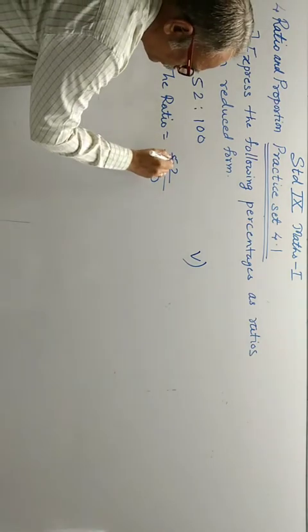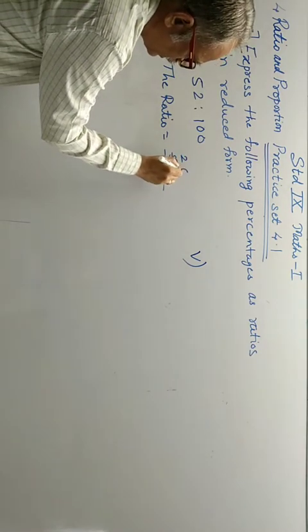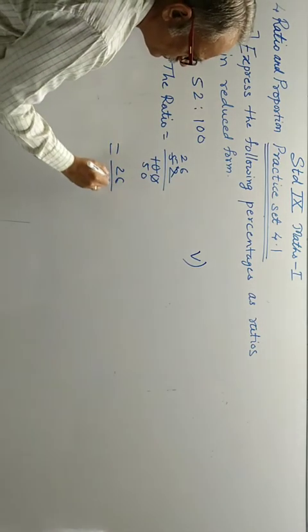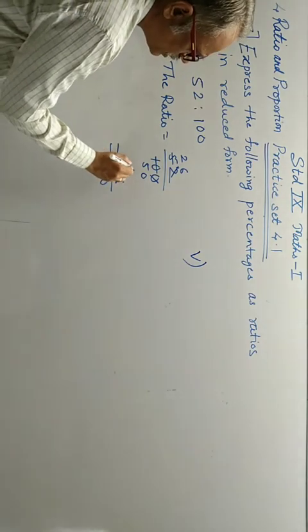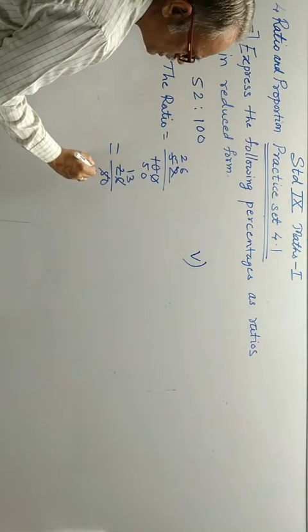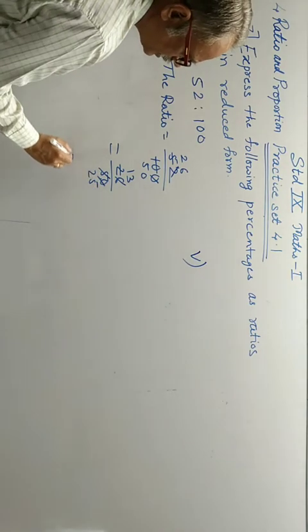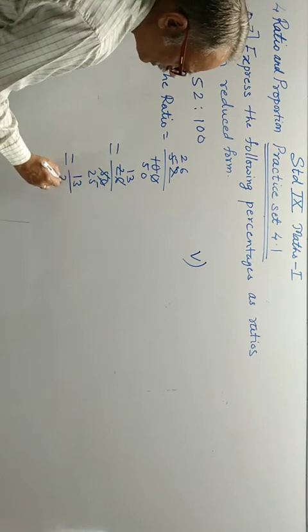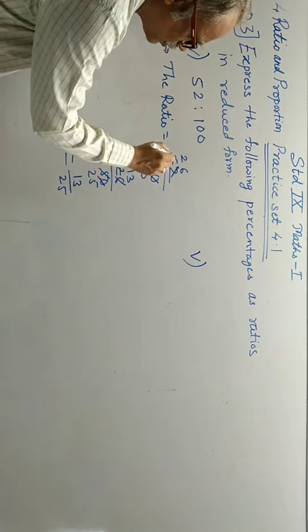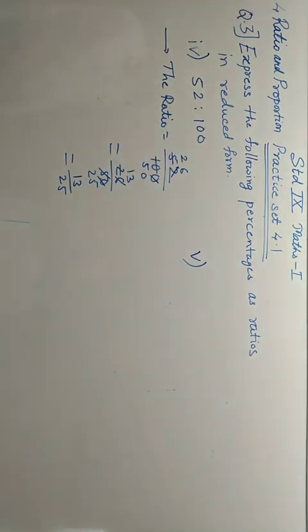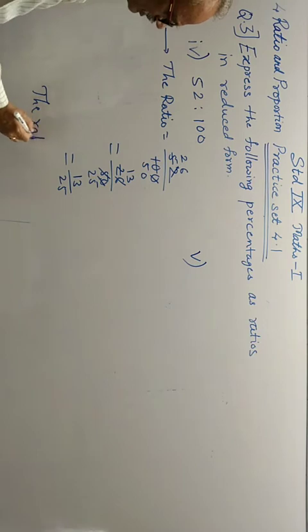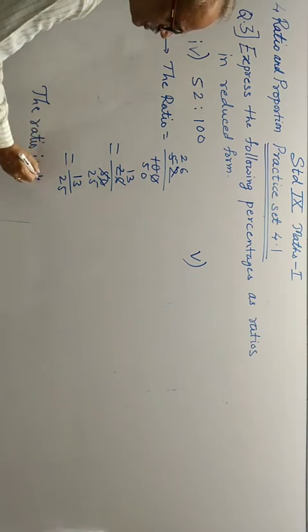Cancel by 2. 2 2s are 4, 2 6s are 12, 2 5s are 10, 0, 26 upon 50. Again cancel by 2, we get 13 upon 25. If you get the idea that both are divisible by 4, you may do it directly also. So the ratio of 52%, 52 upon 100, is 13 upon 25. So the ratio is 13:25.